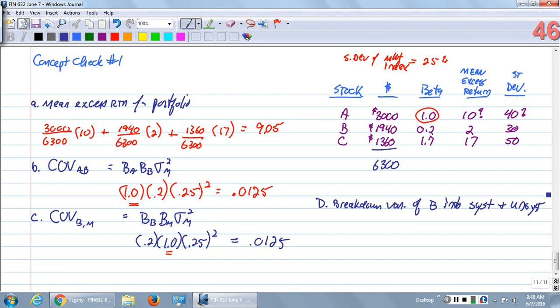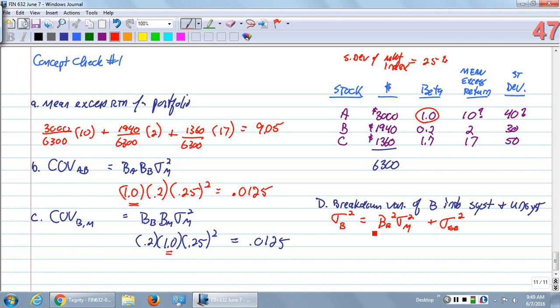We can do that. Here's what we know. We remember that the variance of asset B is equal to its systematic component, which is going to be the beta for asset B squared, times the variance of the market, plus the variance of the unsystematic risk for asset B.